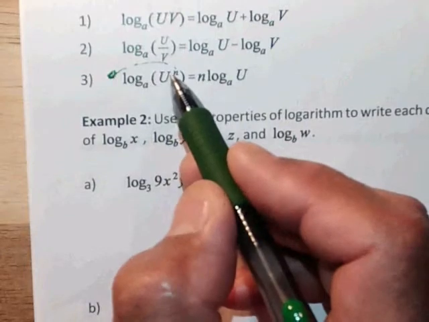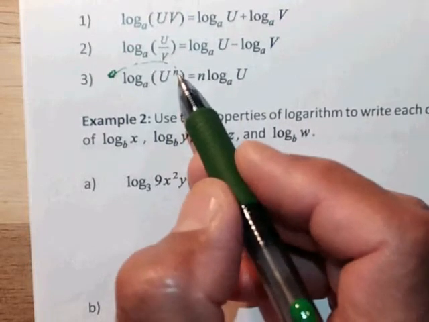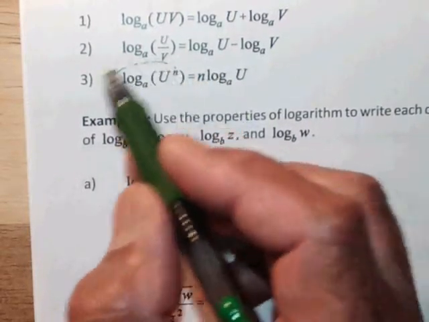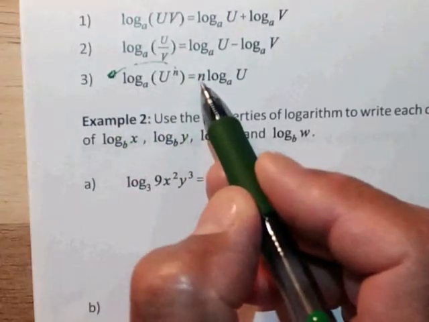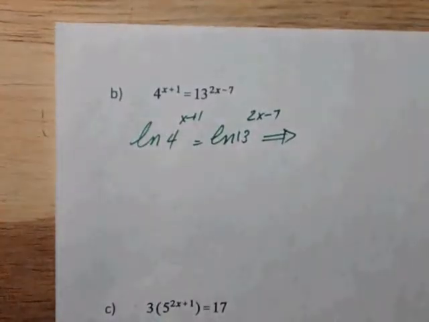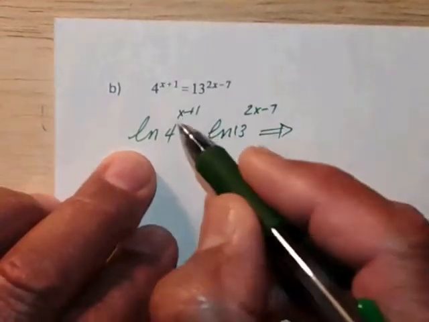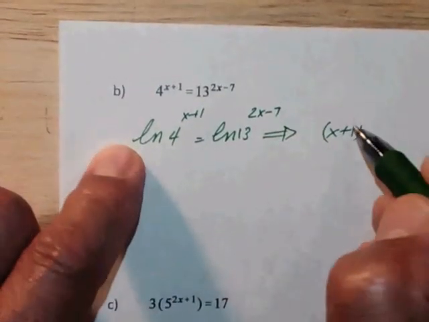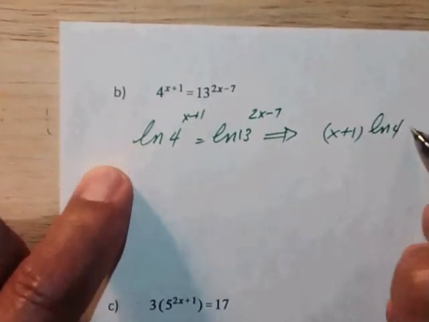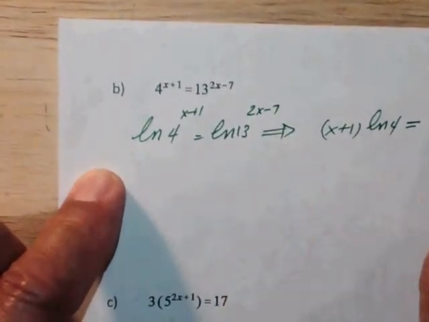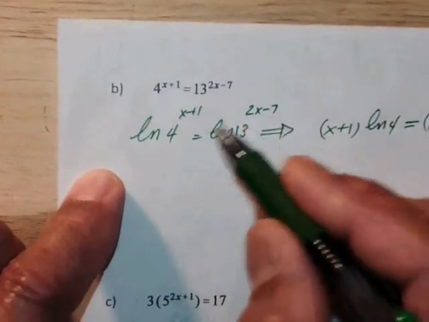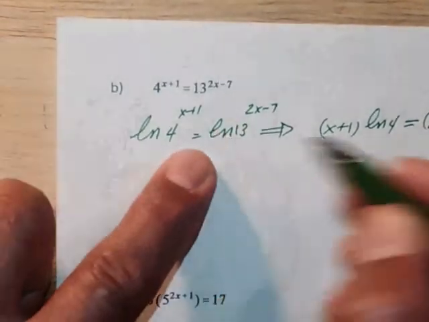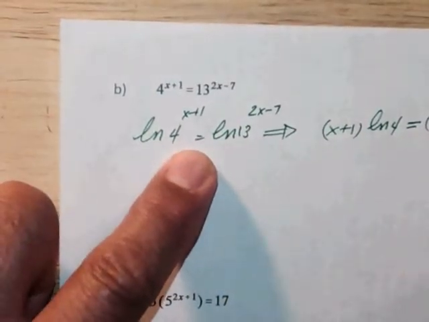Instead of being a power, being an exponent, I can bring it out of the logarithm, put it right in front of it, and it becomes a coefficient. That's a pretty interesting formula. So if you use that formula, this x plus 1 can come out here and be multiplied by log of 4, and this 2x minus 7 can move out here and be multiplied by log of 13.